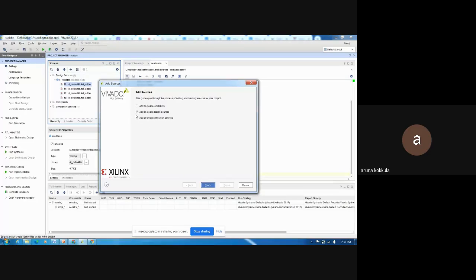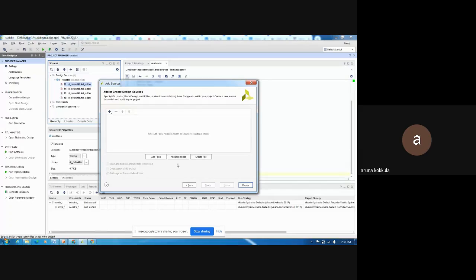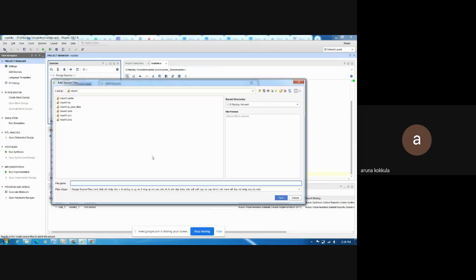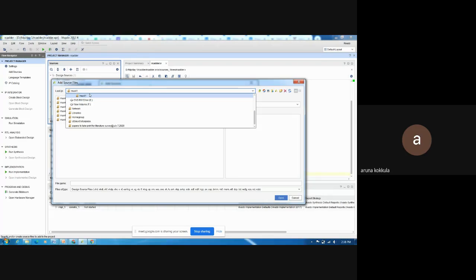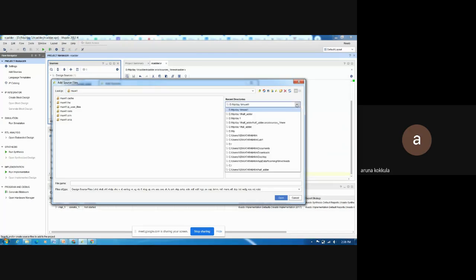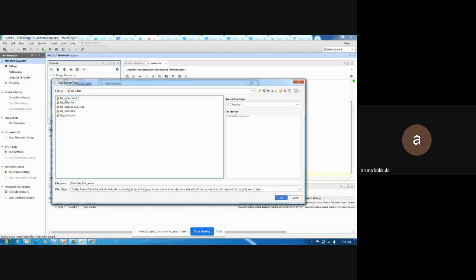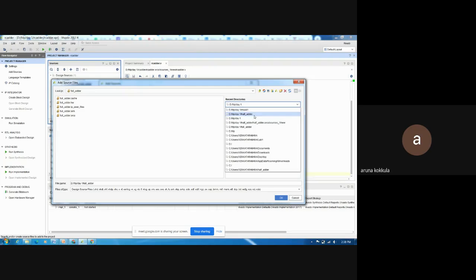I'm choosing add sources. Next. Add files. Where is my full adder? There are two full adder files here. There is no symbol in this one. So let's check the second full adder.